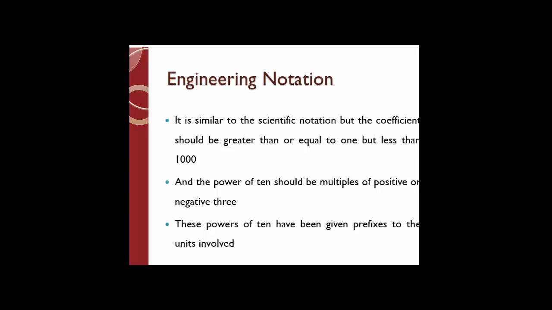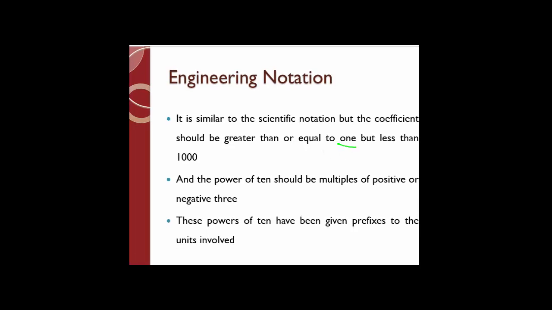All right, so now we became familiar with scientific notation, and let us concentrate on the engineering notation. Scientific notation and engineering notation are almost identical to each other, except the range of the coefficient is going to be in between 1 and 1,000.